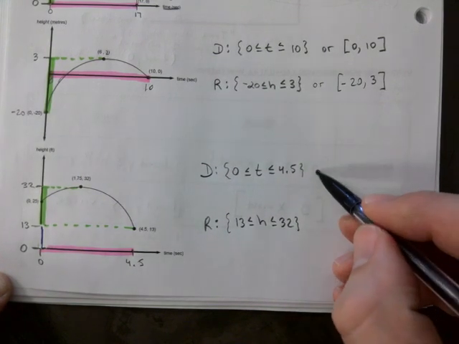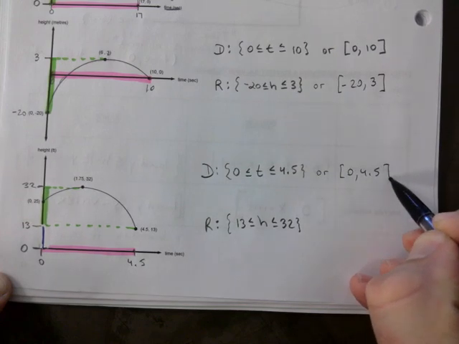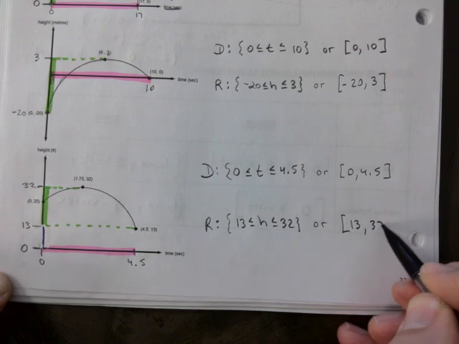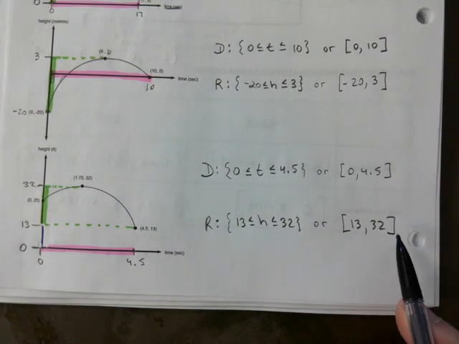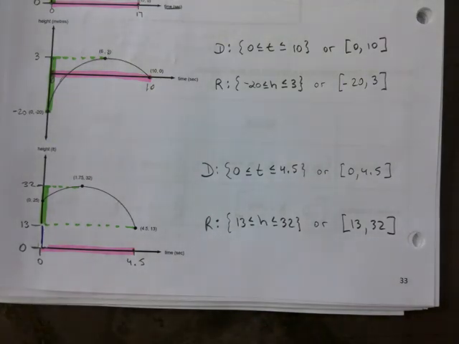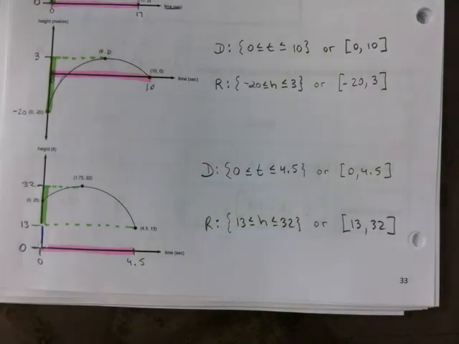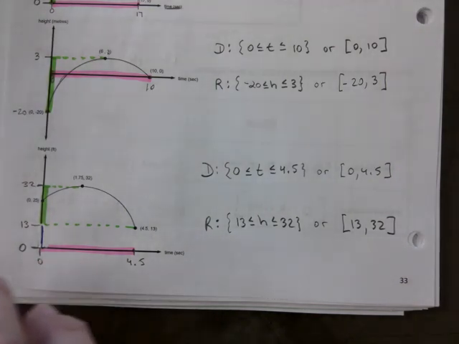And I'm going to do the interval notation now. 0 to 4.5. And here it's 13 to 32. Make sure the lowest comes first, the greatest second. We're good? All right.